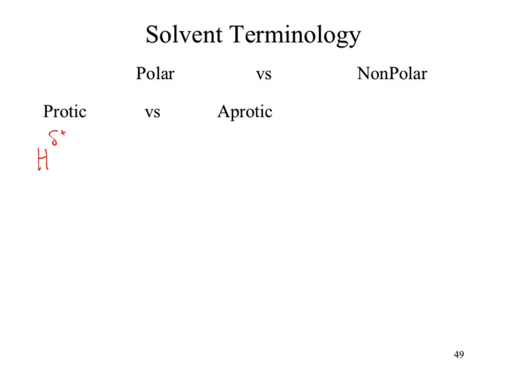And if we're in the proper environment, water will give up a proton. It will act as an acid. So we can reference that compound as a protic solvent. Water is the classic example of a protic solvent.